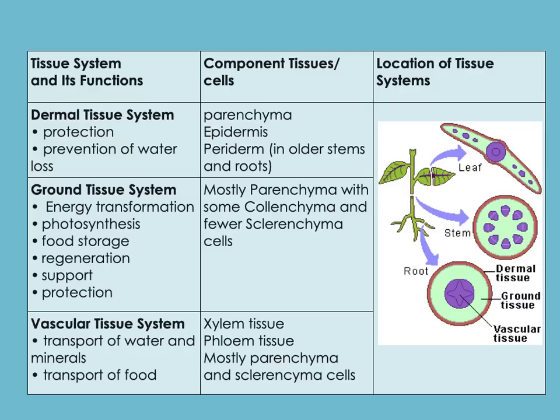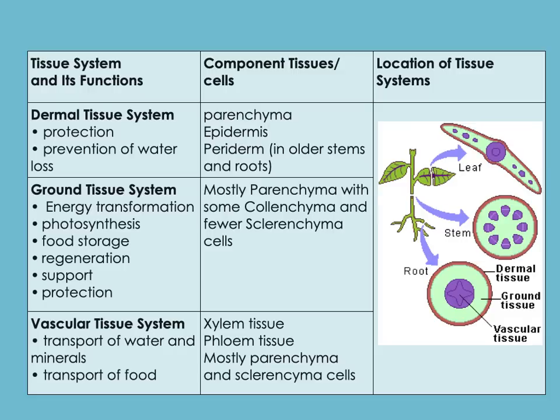So they contain a lot of chlorophyll in the ground tissue system, while the outer layer, the dermal tissue system, contains a cell wall that gives protection and prevents water loss to maintain the water content of the plant.